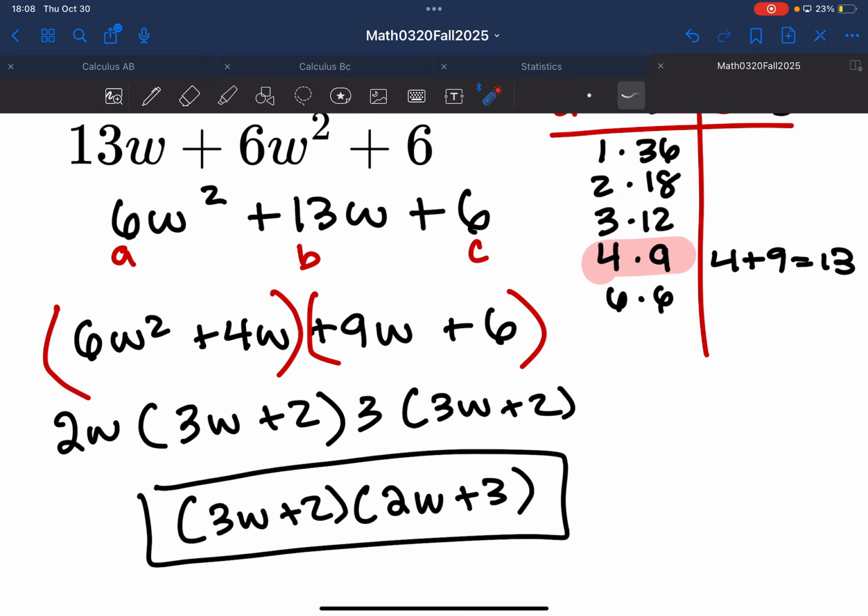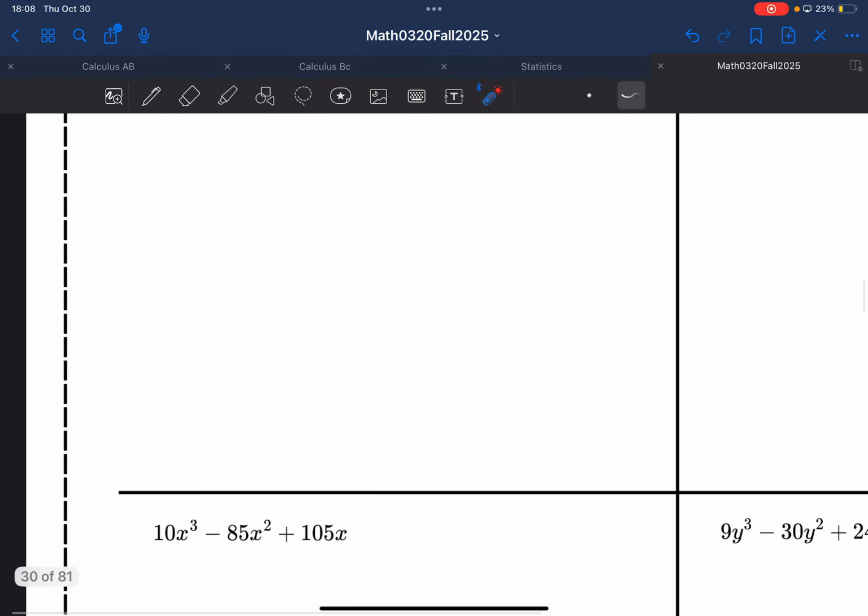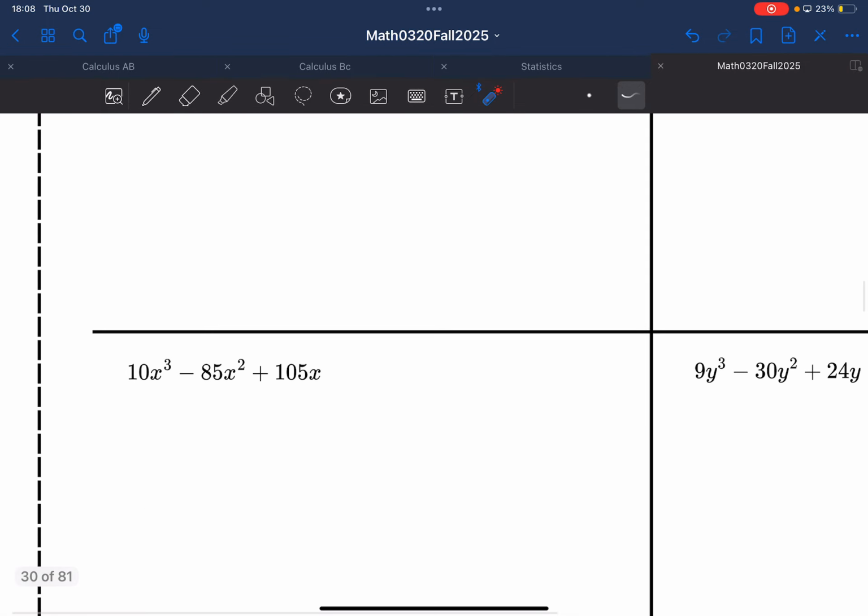So it would end up with the same thing, just the order of the parentheses changes. Yep, you can put it in any order you want.